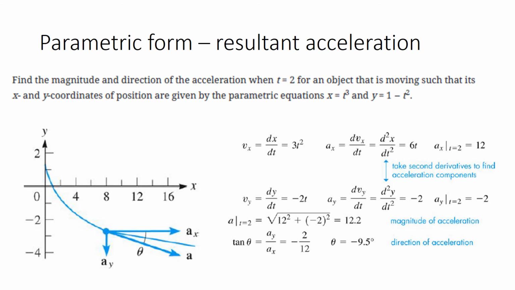So once again, I use Pythagorean's theorem, 12 squared plus a minus 2 squared, and then take the square root of that, so I get 12.2, and then you see that in the graph, those arrows adding up with vector math. And then I take the inverse tangent of minus 2 over 12, and that's how I get the minus 9.5 degrees. So this is how fast that cannonball is accelerating at that point, time equals 2.